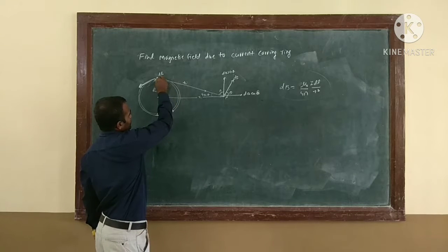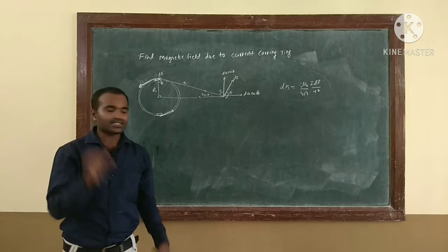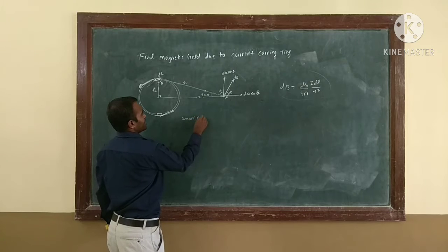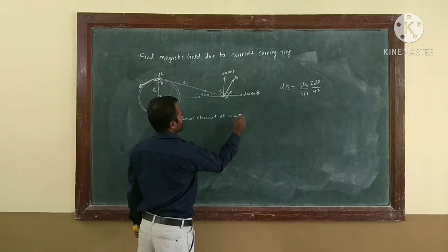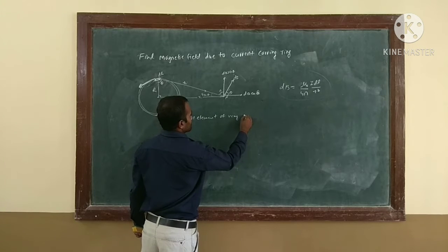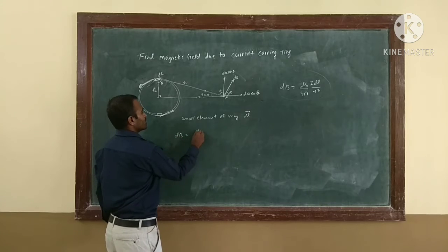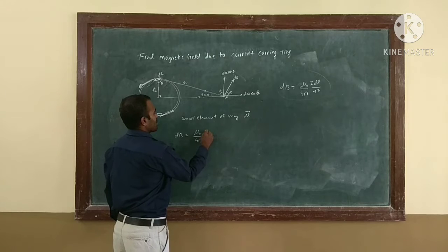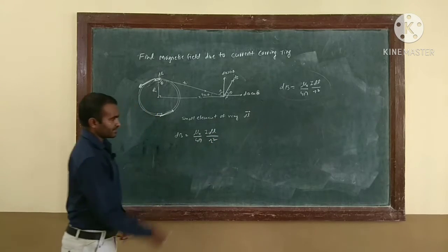So the magnetic field due to this dl, the smallest element of the ring, initially we consider the smallest element dl, due to which the magnetic field is dB equal to mu 0 upon 4 pi, I dl by r square. This is Biot-Savart's law.